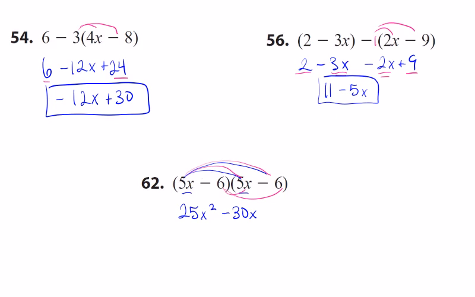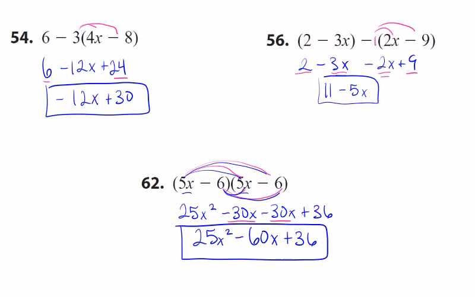So negative 6 by 5x is negative 30x, and negative 6 by negative 6 is positive 36. So the 25x squared is going to come down. No like terms, but negative 30x minus 30x, those are like terms, so it's going to be negative 60x. And then the 36 doesn't have any like terms, so it's going to come down.